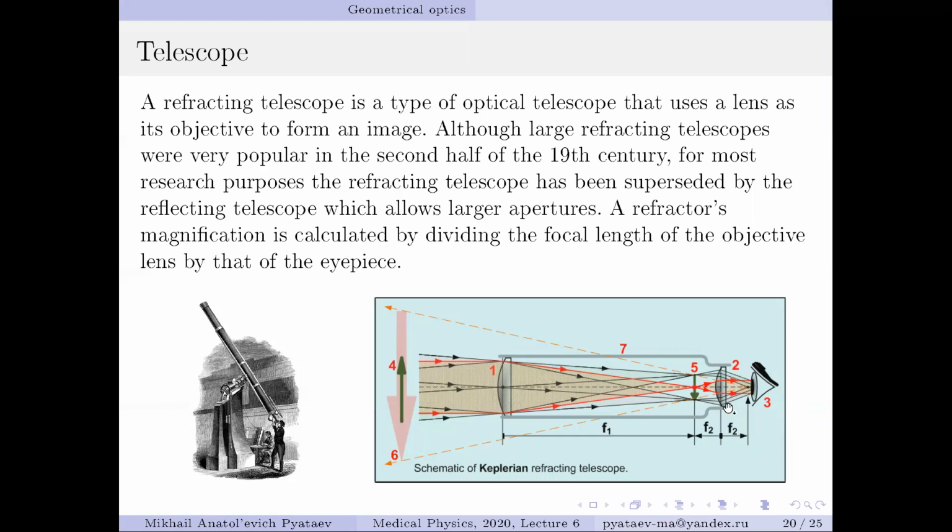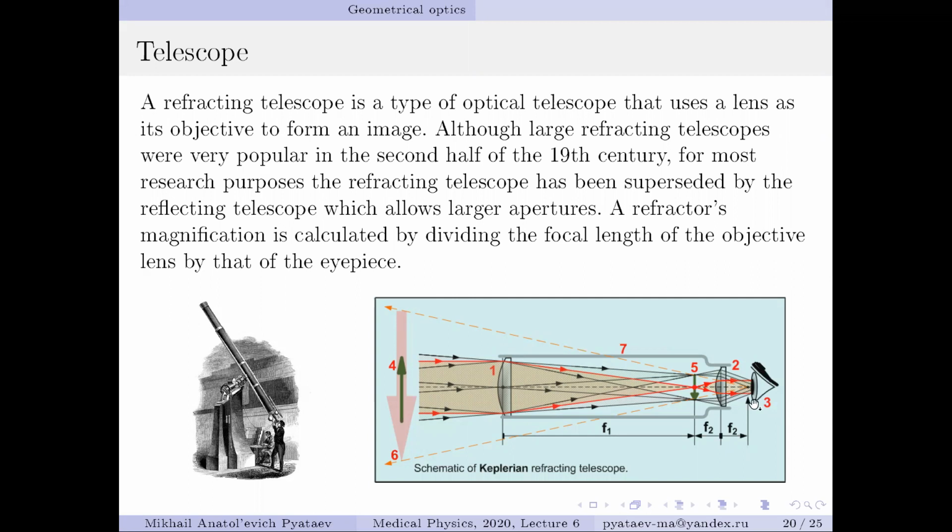It also allows us to get a real image if we want to make a photograph of the stars, for example. But if we want to look with the eye, we need to have a virtual image at the distance of best vision. It is about 25 centimeters.